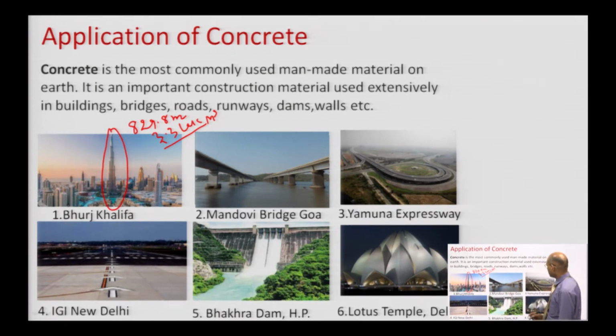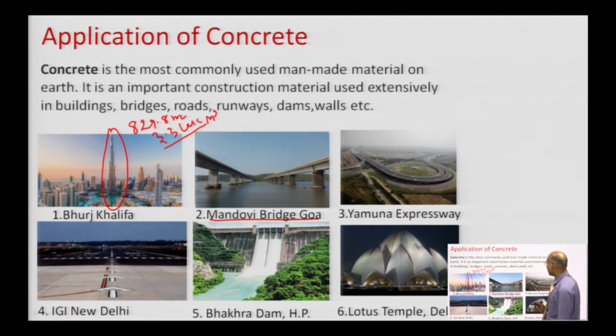Here I have given the example of a bridge, the Mandovi Bridge, Goa. This has been constructed at the site of the first Mandovi Bridge, which collapsed in 1986 due to silly mistakes made by the engineers during the grouting of the pre-stressed tendons. They used a chloride-based mixture, so within 10 years the bridge collapsed while in use and many people died.